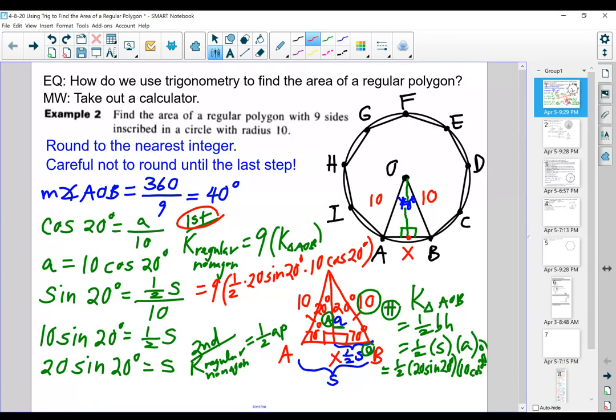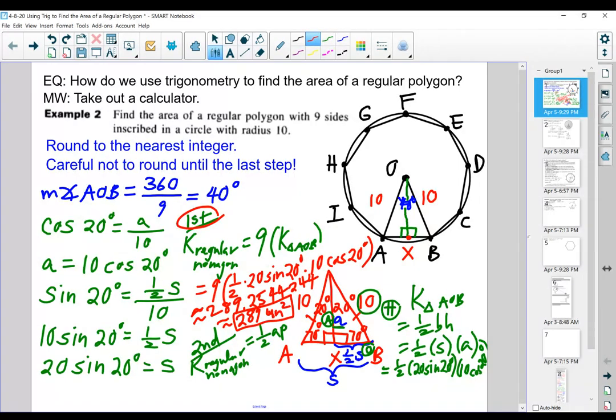If you round off too soon, it will affect the final result. You'll get 289.2544244 in your calculator. And to the nearest integer, that will round to 289. There are no units provided, so we're going to write units squared. And that's our answer.